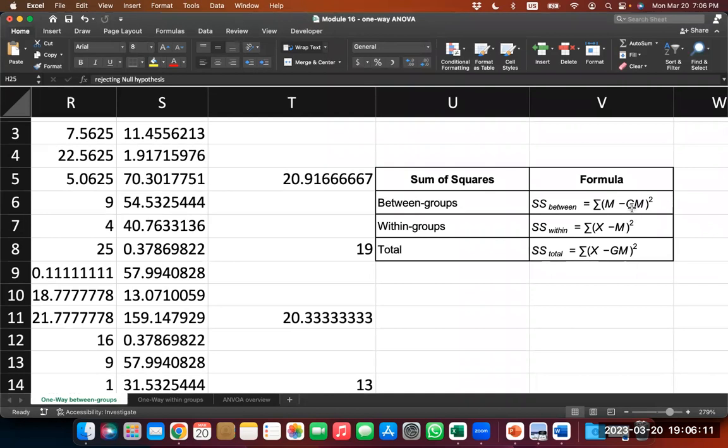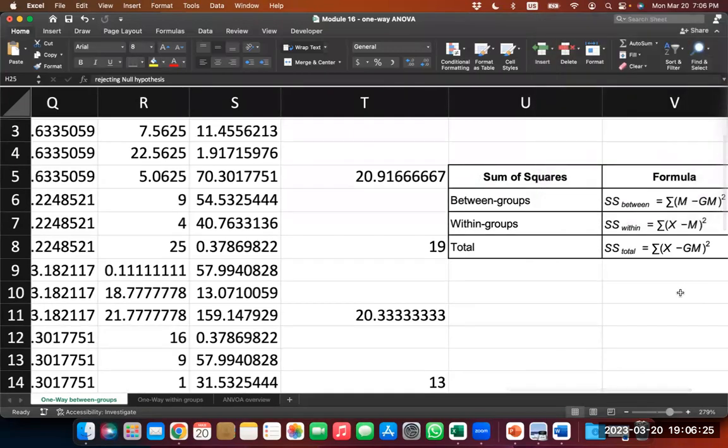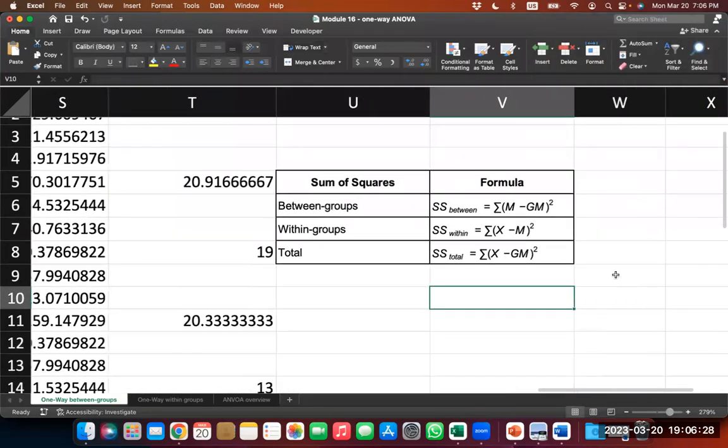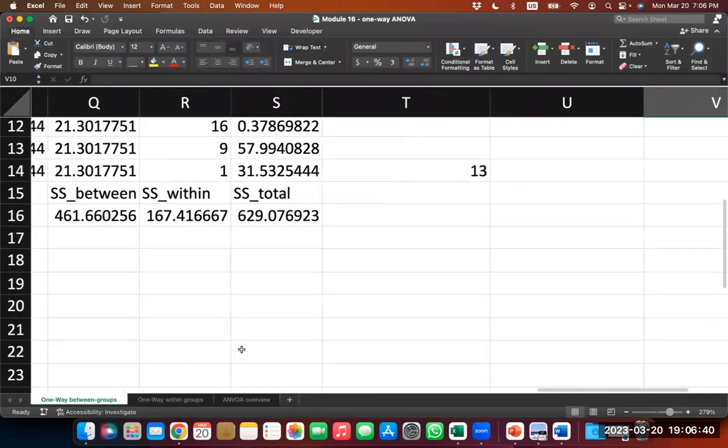For the within group sum of squares, it's each individual x minus the individual m, again for each entry in each group, and then summing them up for every single entry. The sum of squares total is x minus GM for each individual x, squared. That's the sum of squares total. So that's the total variability of each individual score.